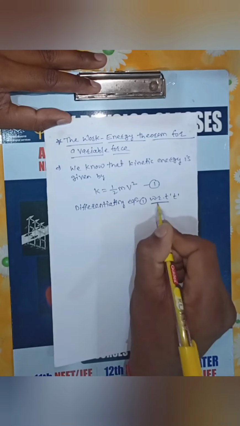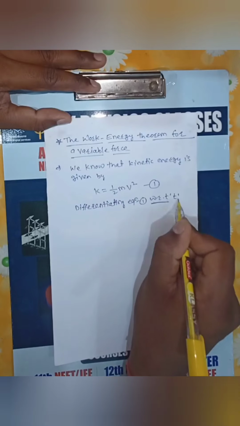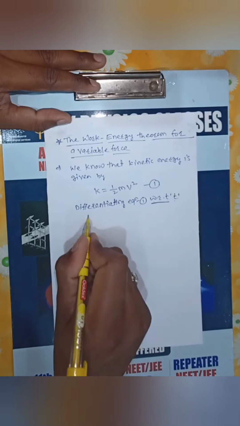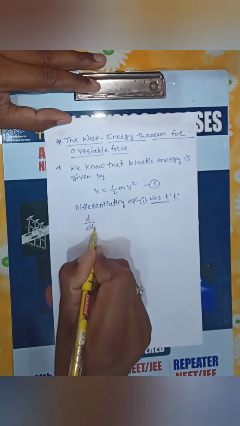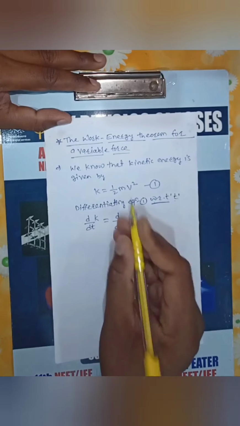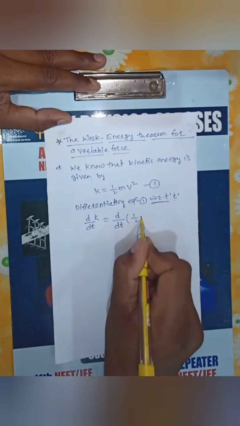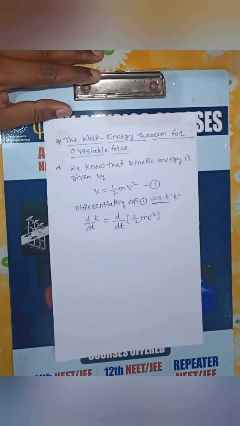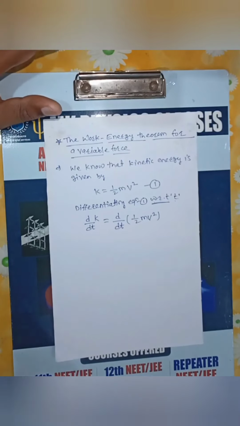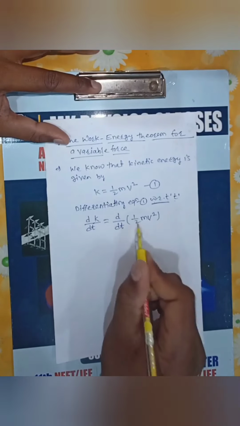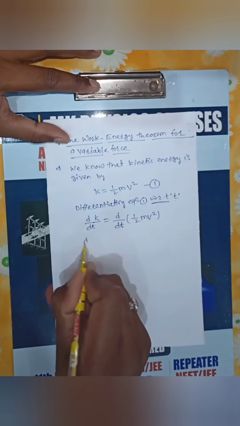Differentiating equation 1 with respect to time, that is d by dt of K is equal to d by dt of half m v square. We differentiate equation 1 with respect to t on both sides. Left hand side as it is, dK by dt.